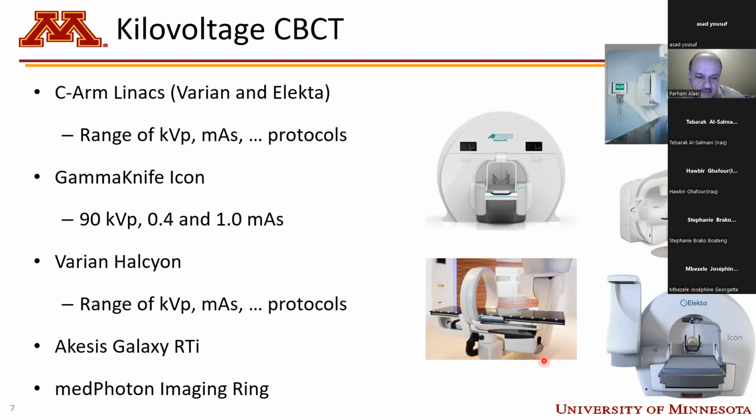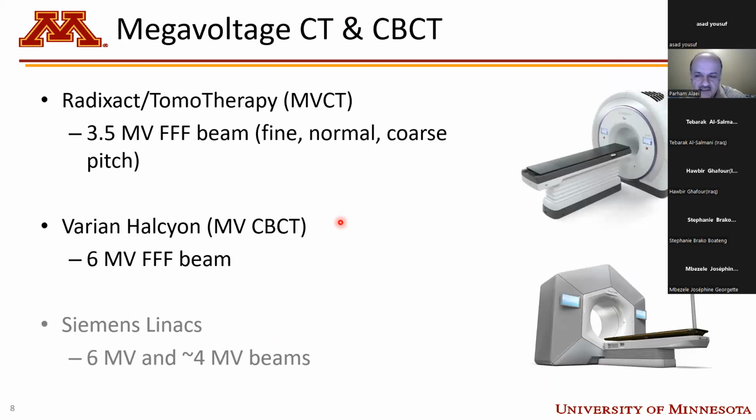This is called imaging. There is more than one manufacturer of them. And then again, CT and megavoltage CT and CBCT, again, RadiXact tomotherapy. Tomotherapy traditionally had a 3.5 MV flattening filter-free beam for imaging, and the new ones have kilovoltage as well.